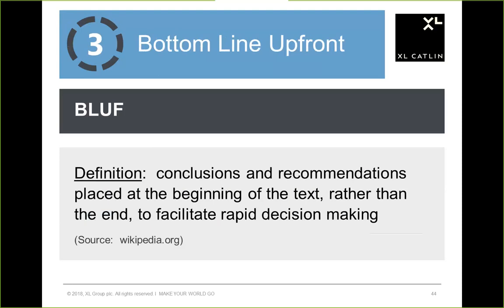We don't want to make the recipient read the entire email to figure out what we're looking for. We want to give them exactly what we want or make the request up front, and then subsequent to that, give them more information that supports what our bottom line is.